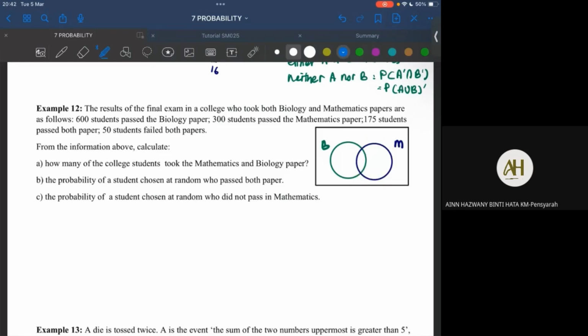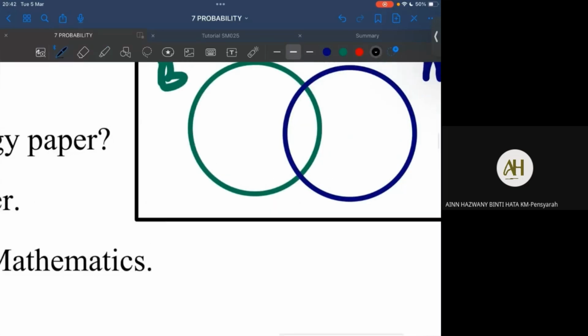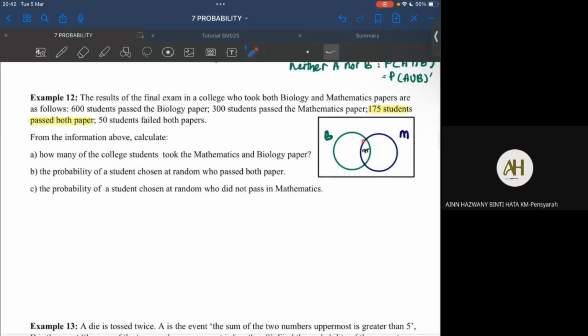Okay, so this is the most important information. 175 students passed both paper. Okay, so di tengah-tengah ialah 175. Now we know the value untuk yang di sini sahaja. Ini ialah P B. Okay. Ini P B sahaja.